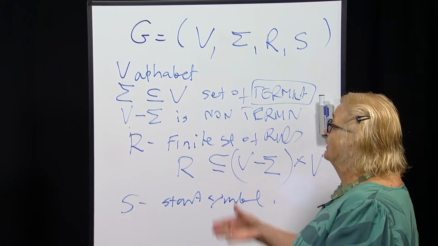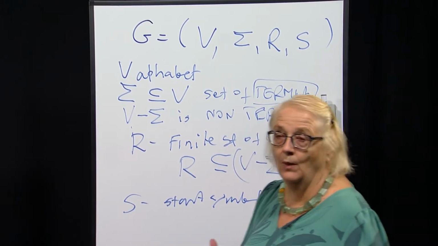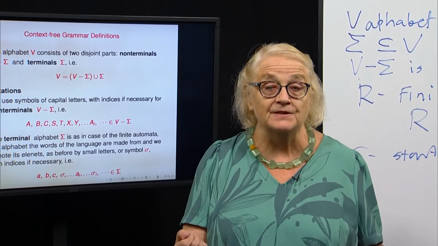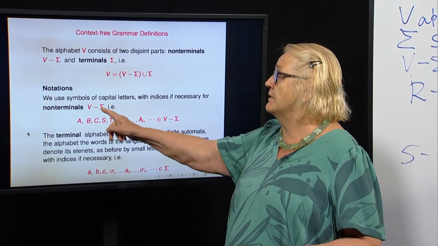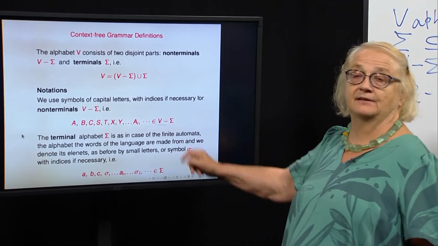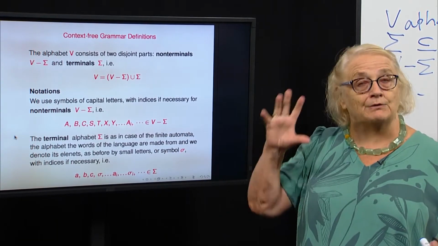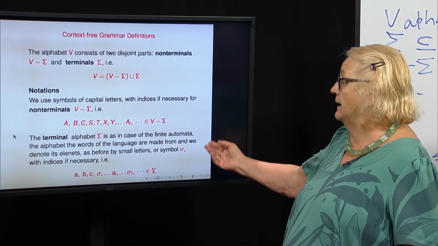And of course, when we have a grammar, we need a well-established notation. So we denote non-terminals by capital letters, with indices if needed, so when you see a capital letter, it is a non-terminal.